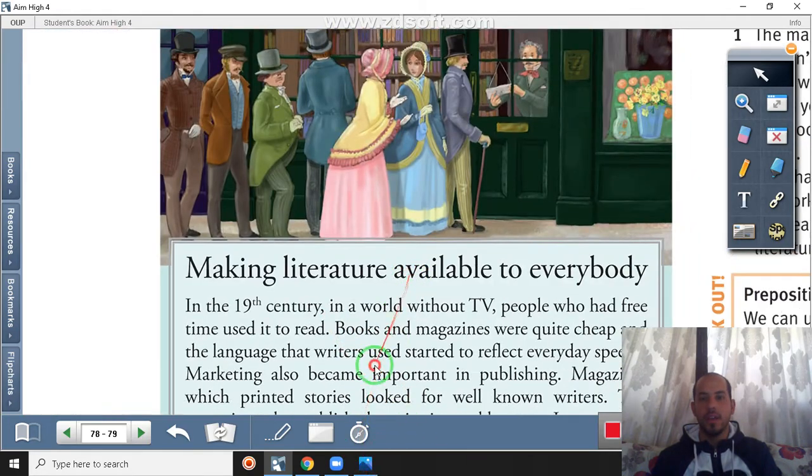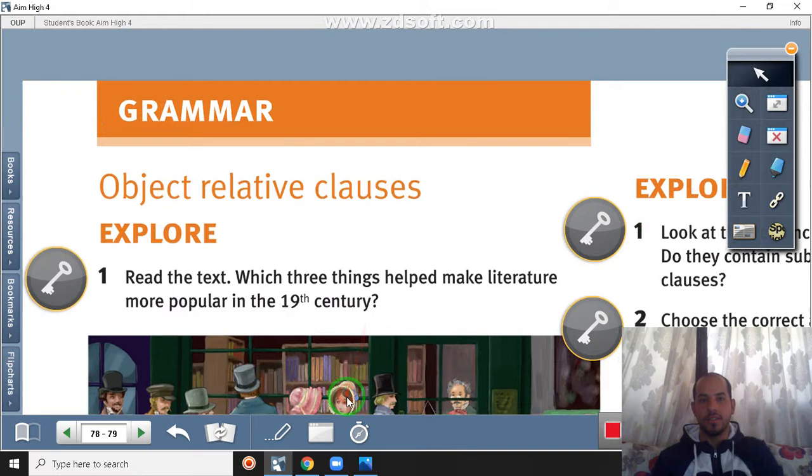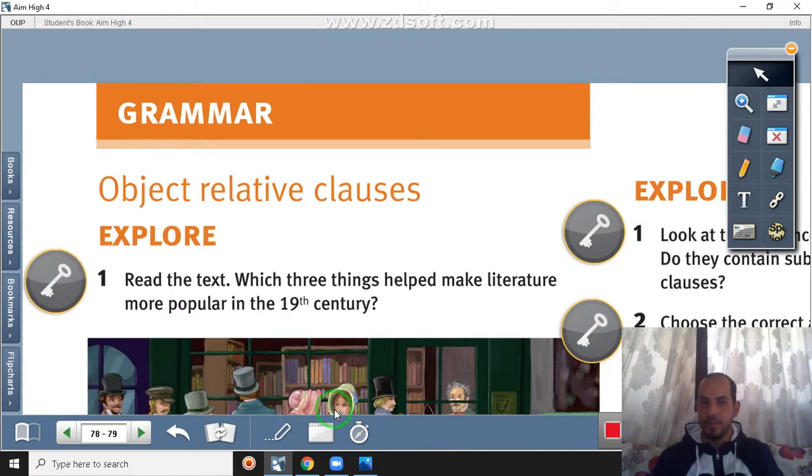Okay, look at the title that we have here at the top of the page. The title is Object Relative Clauses. So today we are going to describe and explain what the object relative clauses are.